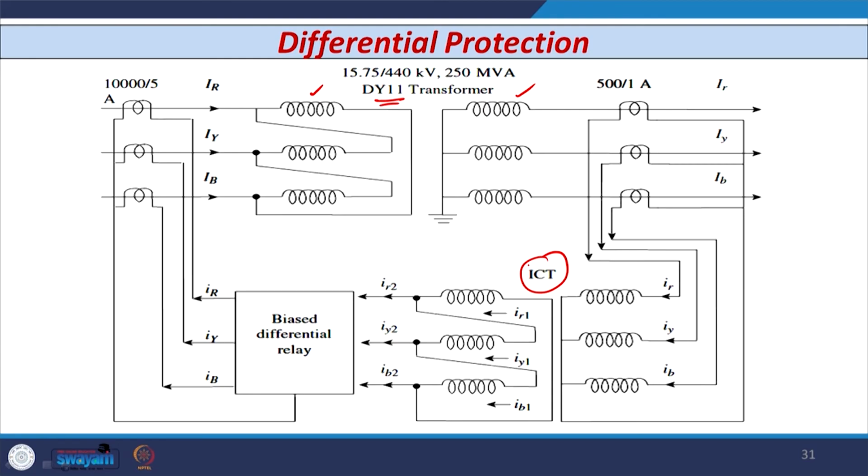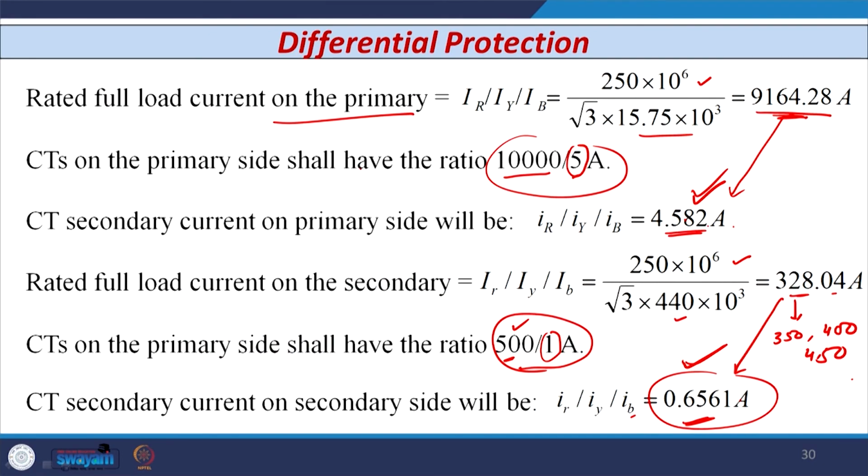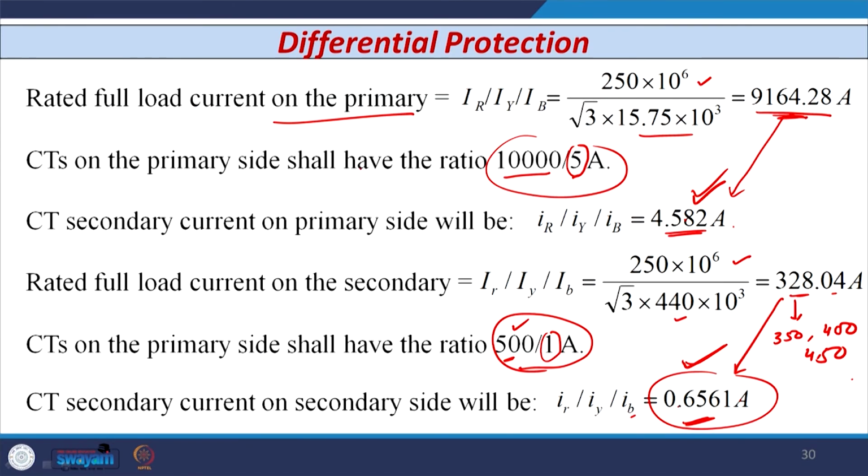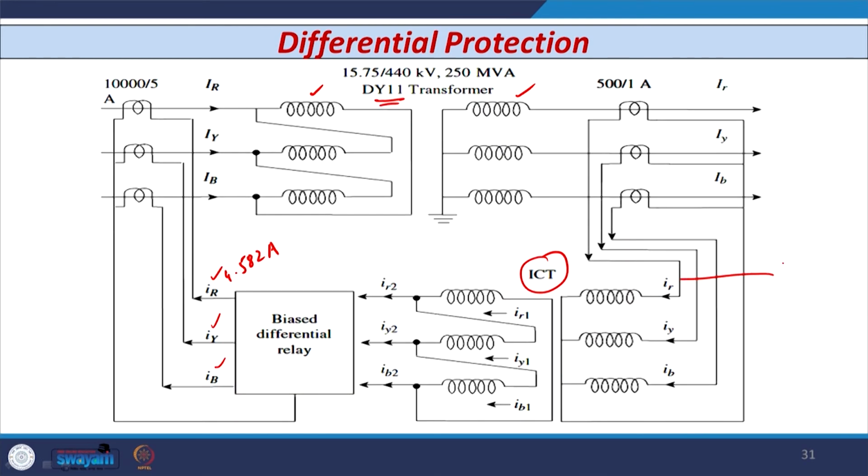You can see that on the delta side these 3 currents are known, that is 4.582 ampere, and this current you have calculated, that is 0.6561 ampere. So these two currents are not equal.